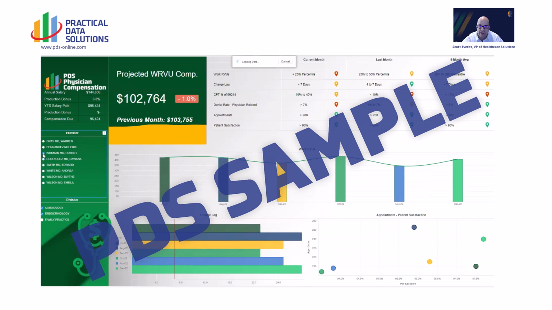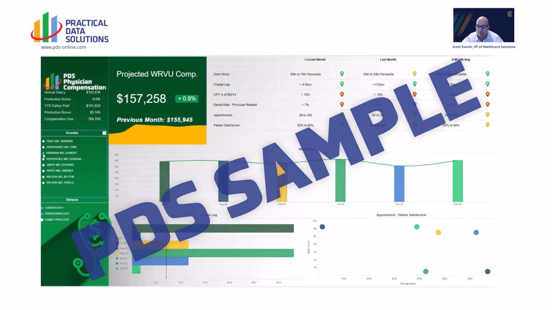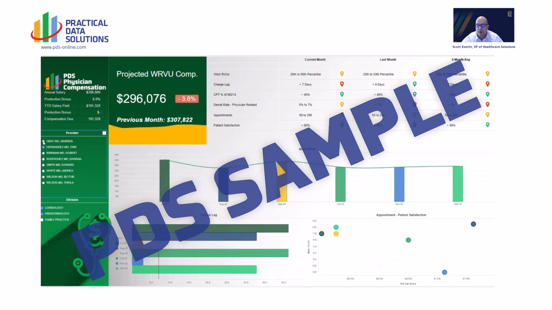In addition to that, it gives them a feeling of control over their own compensation, helps them have confidence in the compensation calculations that are being utilized to determine their pay. And then, of course, it incentivizes them to work in ways that are beneficial to not only the practice, but the patients as well. So providing this information can get their productivity to tick up, and really help to improve their level of engagement and satisfaction with their work in the practice.